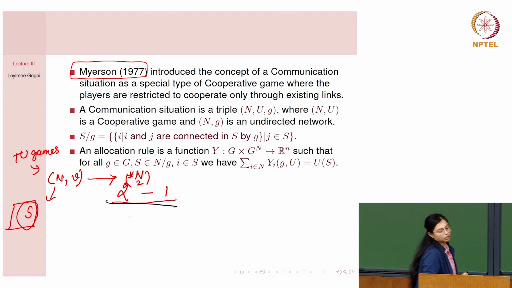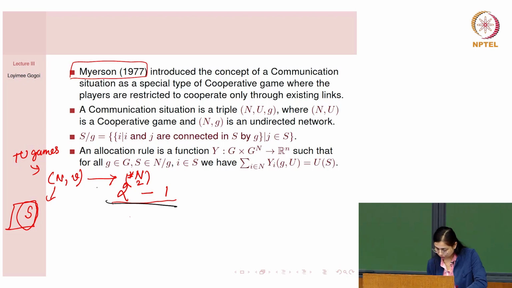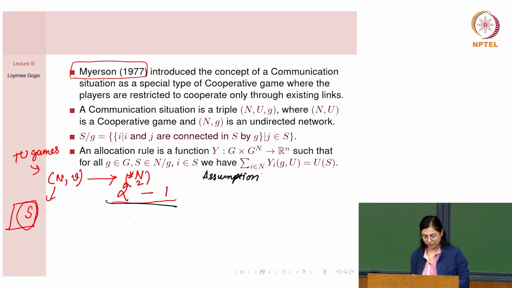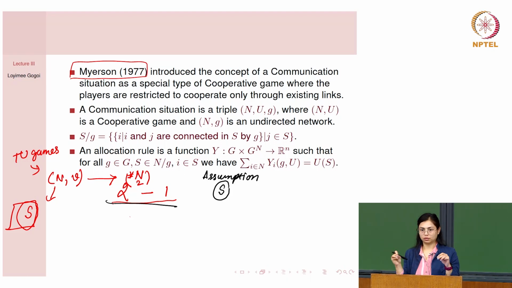What Myerson did actually, his basic assumption was that when we have a player set and a coalition S, they can generate worth only when they are connected somewhere, somehow.